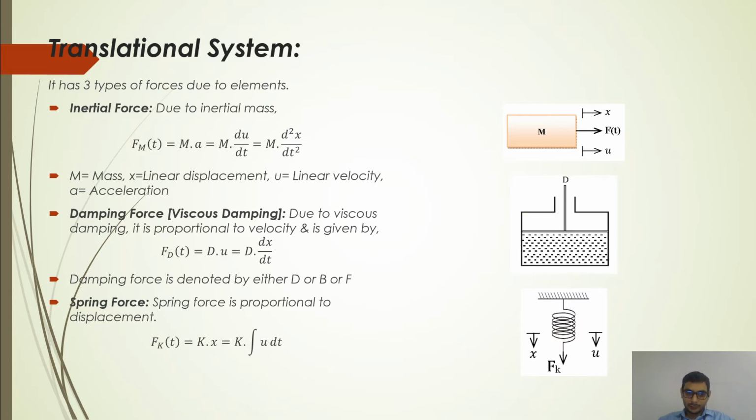The force exerted by any spring is directly proportional to x, or it can be equated as kx, where k is the spring constant. Or it can also be written as k times the integration of u dt, where u stands for velocity. Integration of velocity is the amount of displacement the object has made.